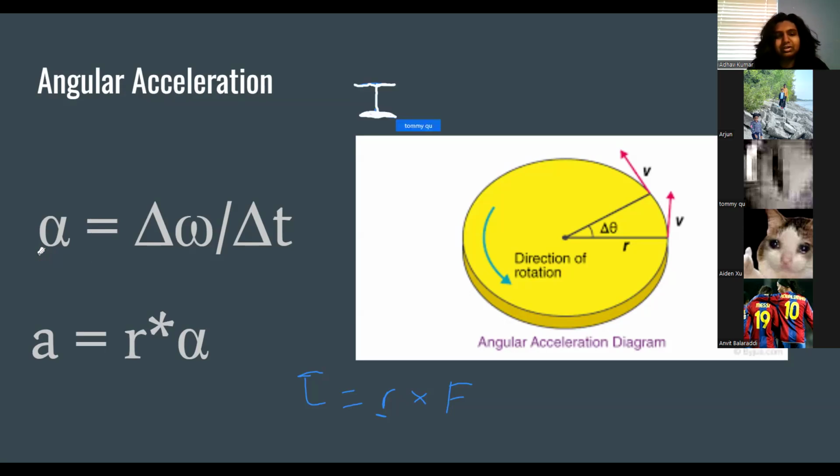But principally with Newton's first law, mass is a resistance to what? Change. Change in what? It's a resistance to change in what? You had it earlier.